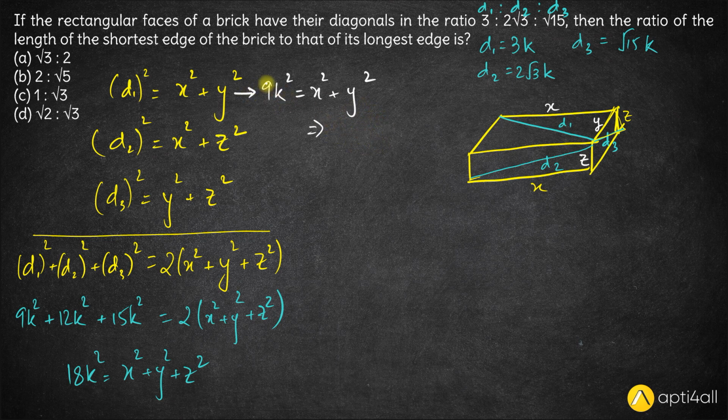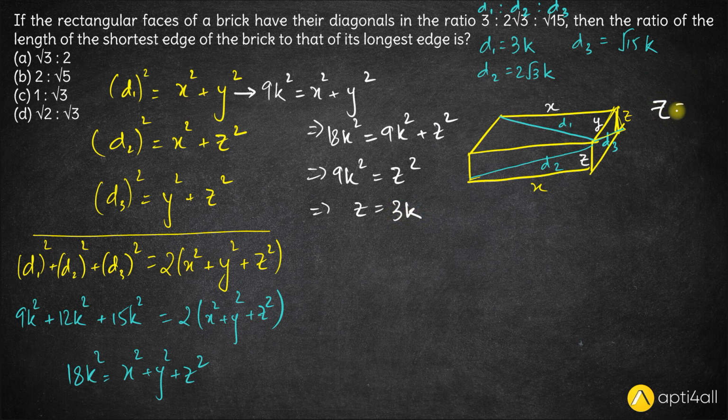So 18k square is equal to x square plus y square, which is 9k square, plus z square, right? So 18k square minus 9k square is 9k square, which is equal to z square. Hence z comes out to be the square root of 9k square, which is 3k. So the value of z is equal to 3k.